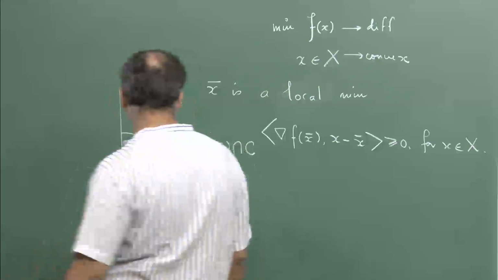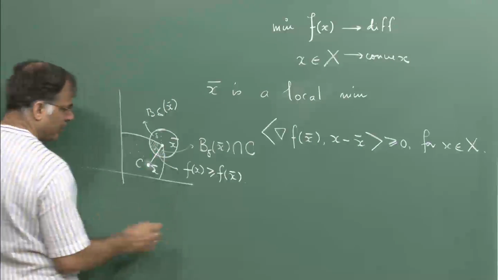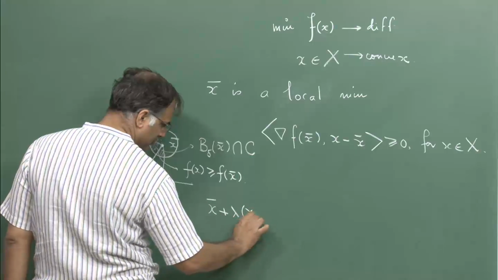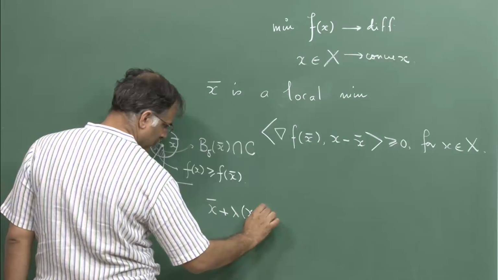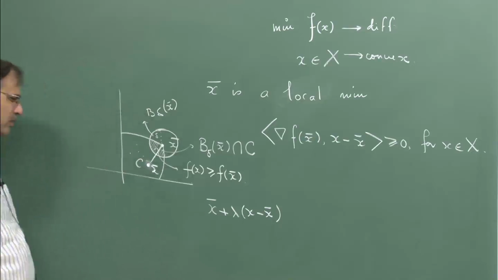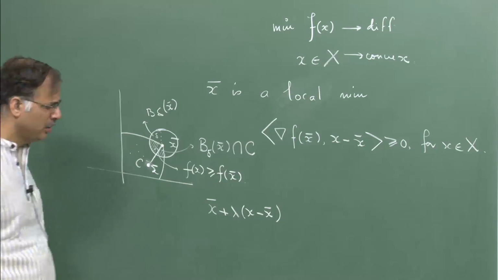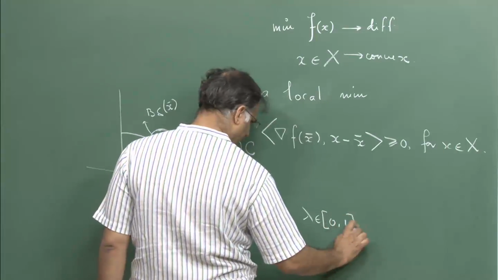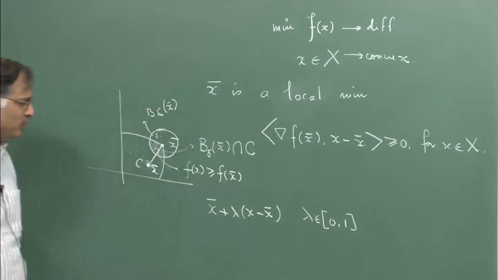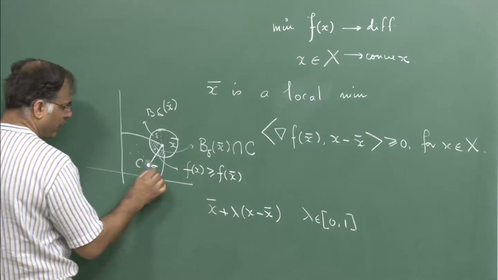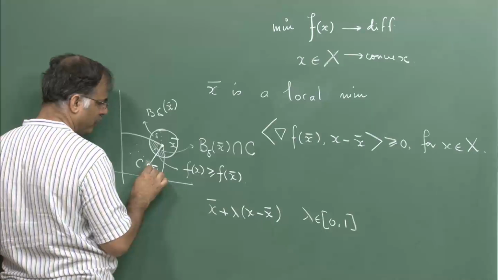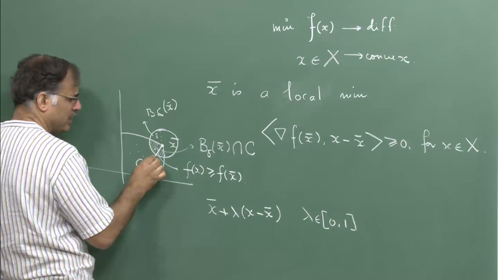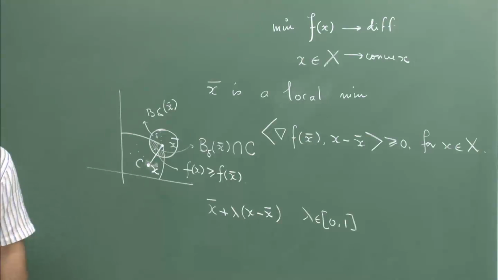And then any point on this line can be written as x bar plus lambda times x minus x bar, where lambda belongs to [0, 1]. So, when lambda is 0 I get x bar and when lambda is 1, I get x. So, when I move lambda from 1 to 0, I am moving along this line from x to x bar.